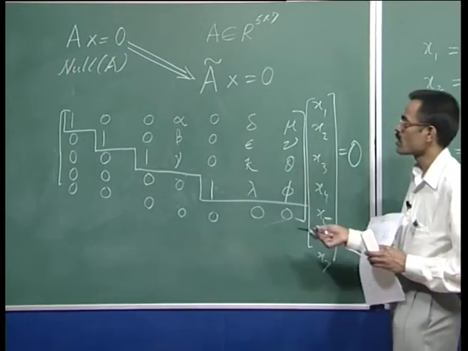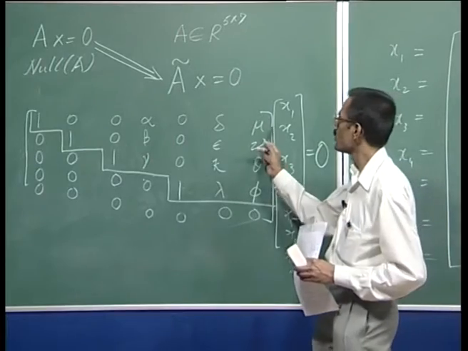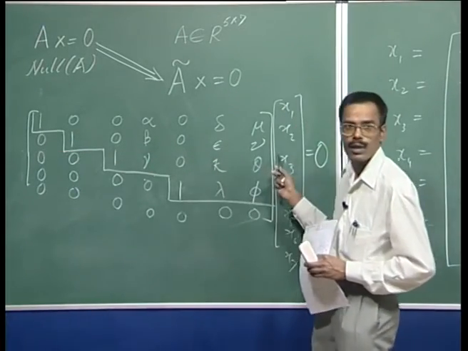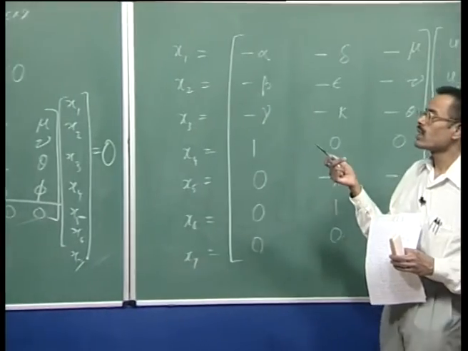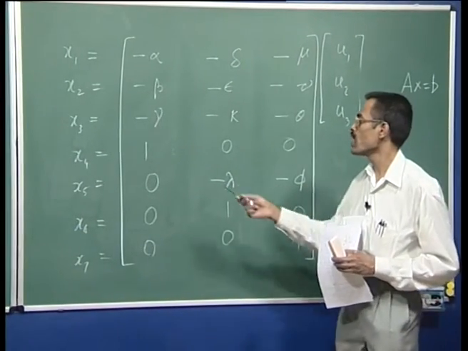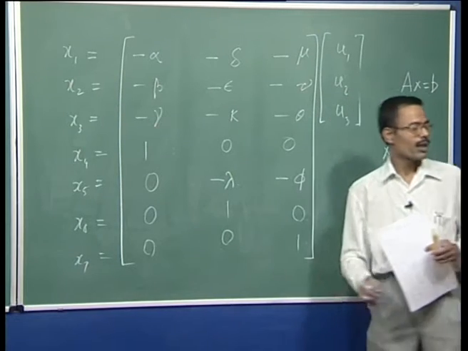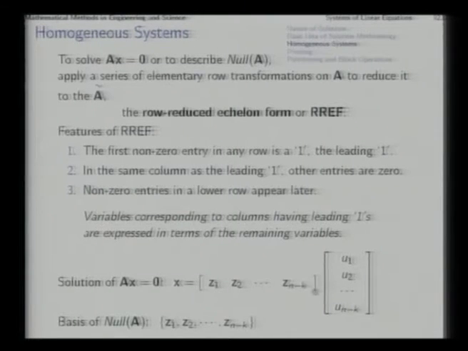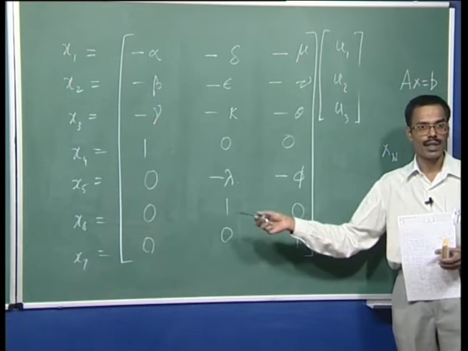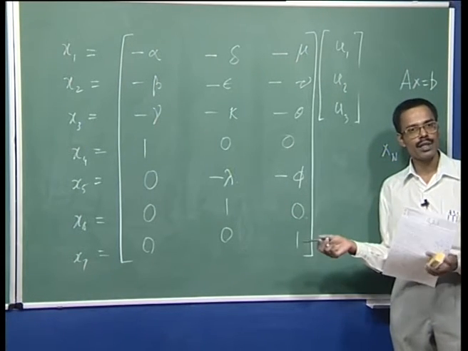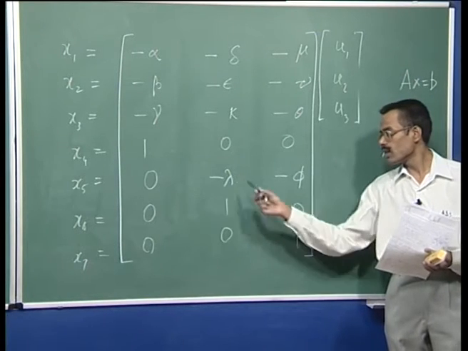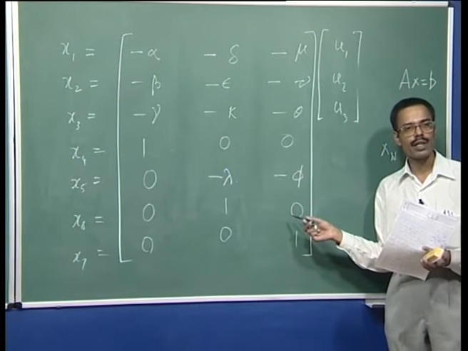So, that means that rank is 4, and rank plus nullity will be the number of columns here. So, in this case the nullity is 3, that means null space will have 3 linearly independent members. So, in this case k is 4, n minus k is 3, and so you have 3 arbitrary values u1, u2, u3 to choose, and these vectors sitting here will give us a basis for the null space, because null space has 3 linearly independent members, and these are 3 such linearly independent null space members.